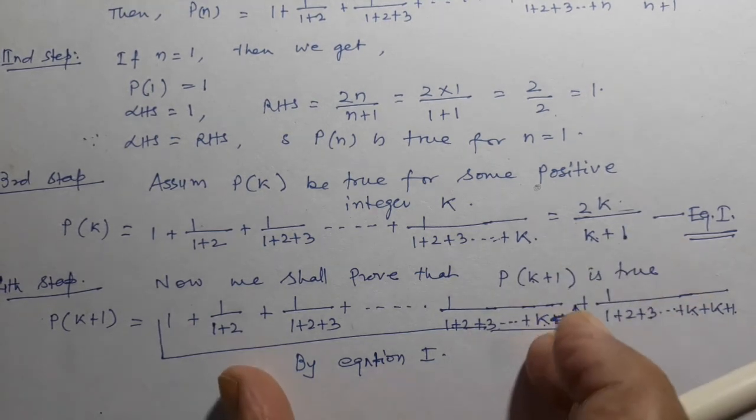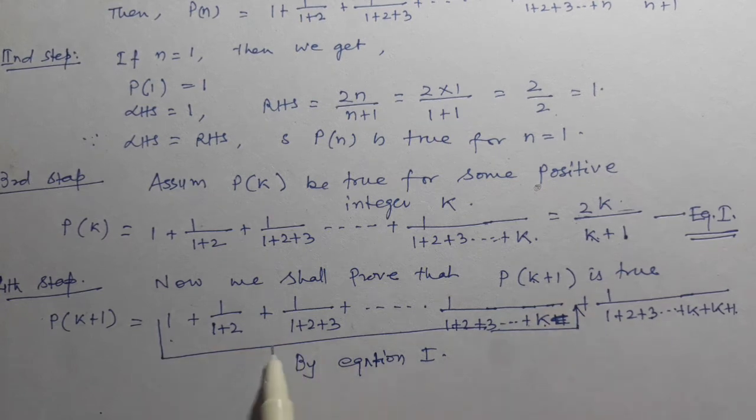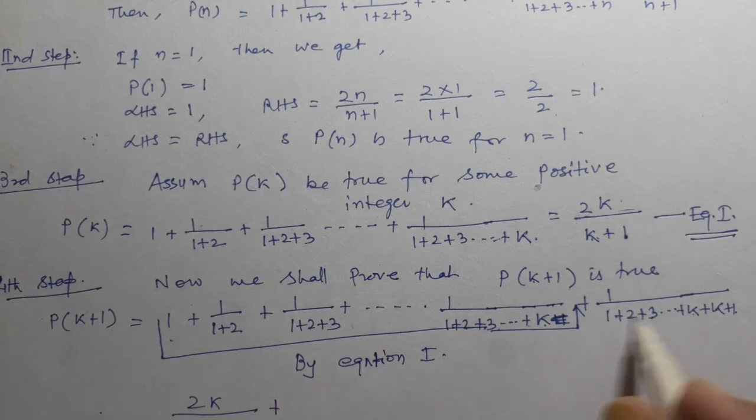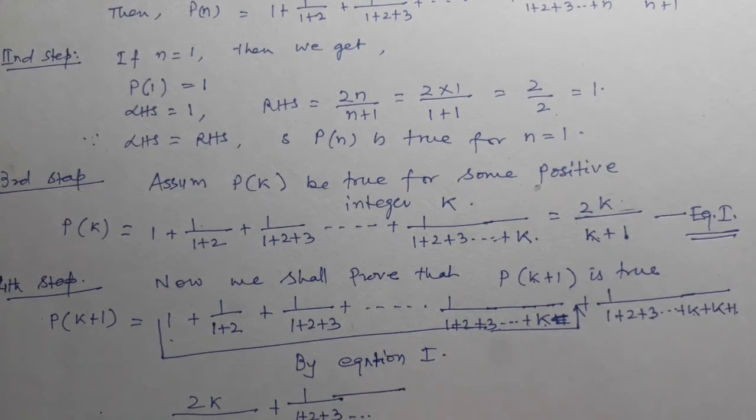So this component we shall consider 2k by k plus 1 plus this 1 by 1 plus 2 plus 3 dot dot plus k plus 1, right?